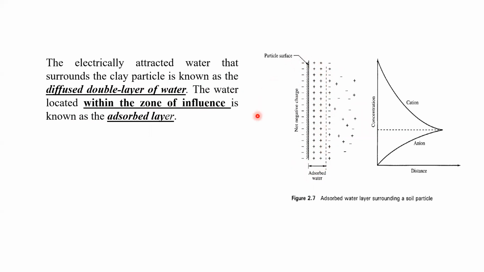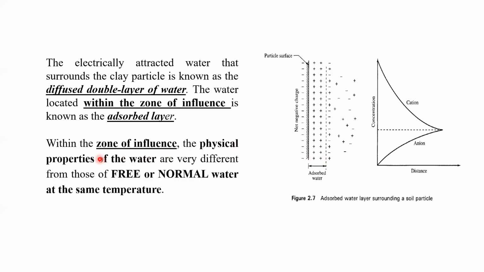And more layers of water molecules are attracted on the surface of the clay particles. This also we have to know. This zone is called the zone of influence, where more attraction is there, a strong bonding is there. So within the zone of influence, the physical properties of water are very different from those of free or normal water at the same temperature.